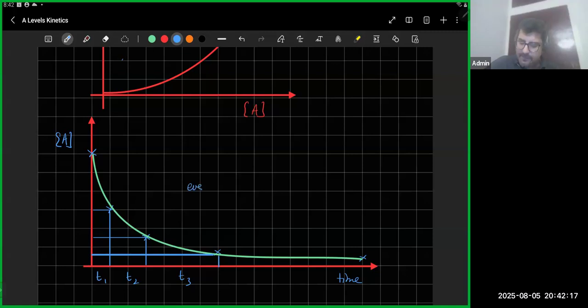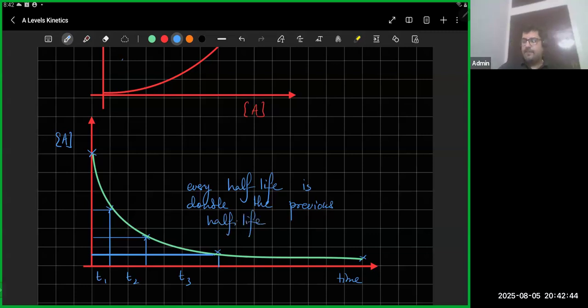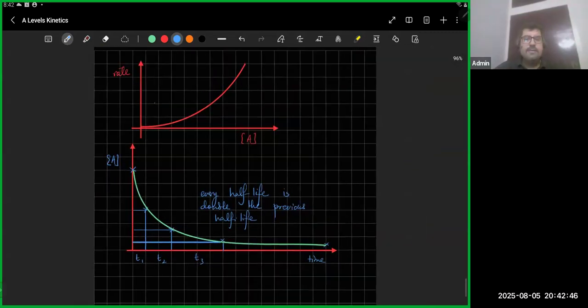So every half-life, every time it takes twice as much time for the concentration to decrease by half, it just slows down too much. So every half-life is double the previous half-life. ठीक है. तो ये तीन concepts है, order 1, order 0, order 2.